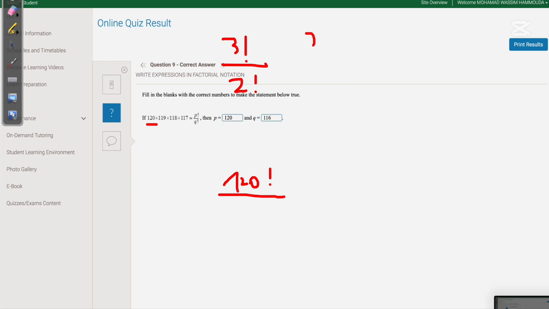So that would be 3 times 2 times 1 over 2 times 1, and we cancel 2 times 1 from up and down, so we'll have only 3 left. So it's basically the same thing. What is the number before 117? 116.